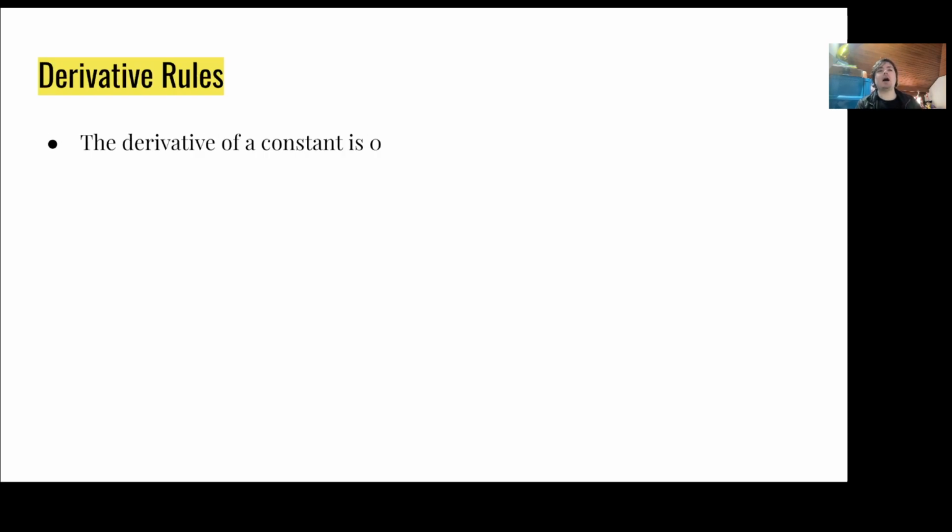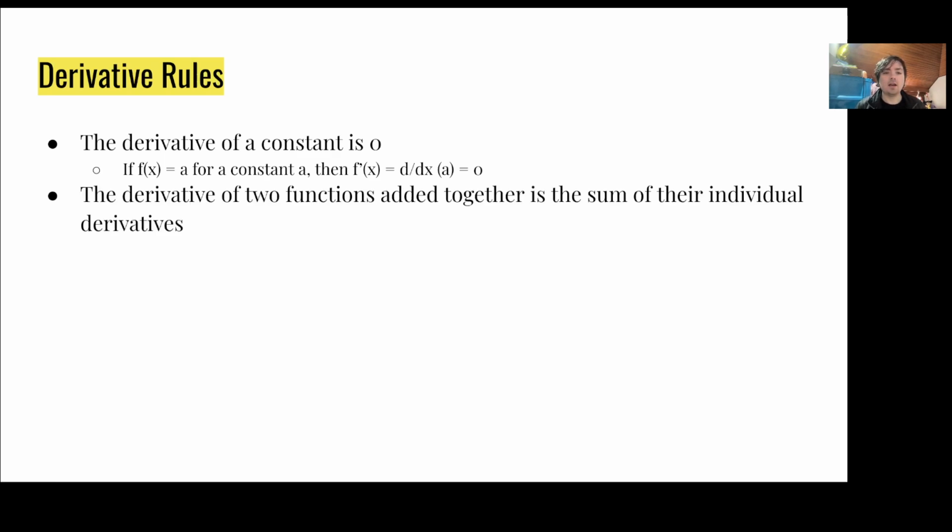All right, so now some common rules to keep in mind. The derivative of a constant equals 0. For example, if f of x just is a constant a, then the derivative of f of x just equals 0. And then if you have two functions added together, their derivative is just the sum of their individual derivatives.